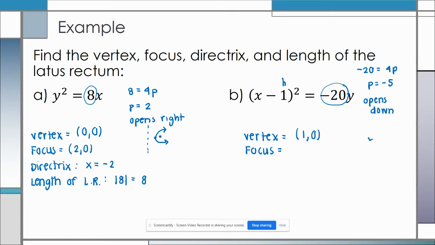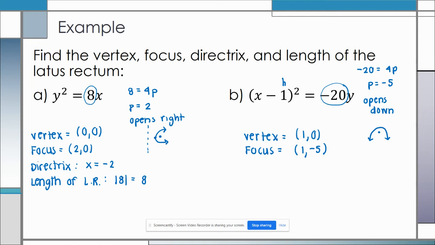So if my graph opens down, my focus point has to be inside of that parabola. From the vertex, I move down 5. I'm not going to change the x value. It's the y value that changes. 0 minus 5 gives me -5. So (1, -5) is the focus point.